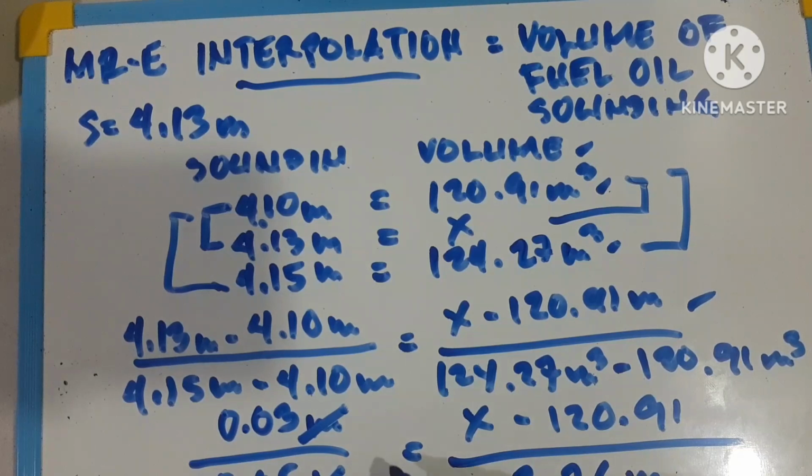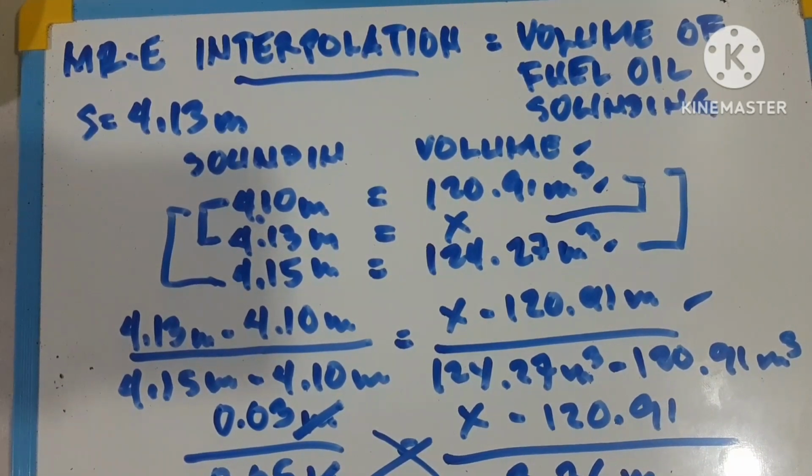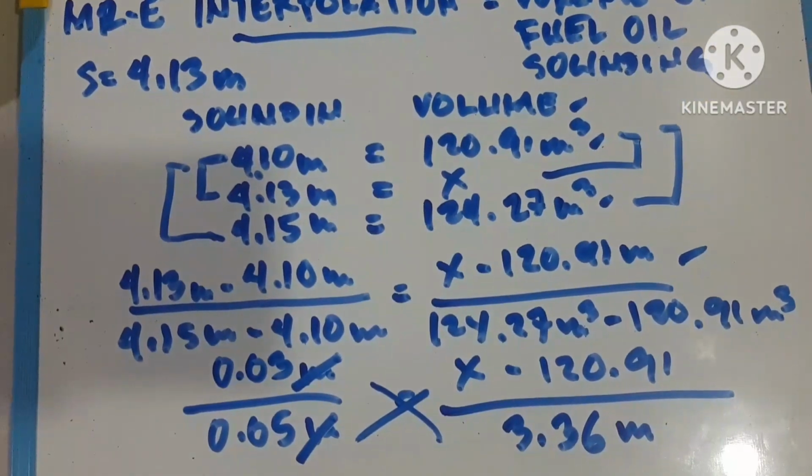So the next thing to do is we will cross multiply this. Again, 0.03 meter divided by 0.05 is equal to x minus 120.91. This minus this is equal to 3.36. We cancel the unit, then we will cross multiply.